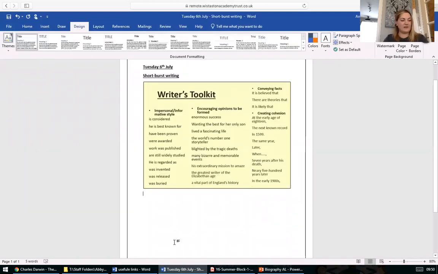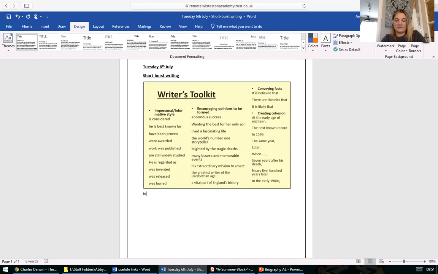So if I have a think, I want to use a different opener, not necessarily a time opener, sorry. I might start with where. So I'm going to use my fronted adverbial. I'm going to say where. And from my research, I know that Shrewsbury is a merchant town. It's a small merchant town.